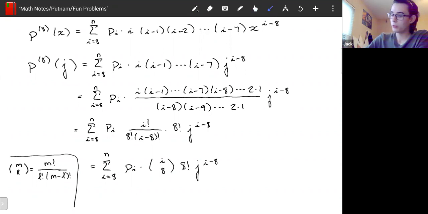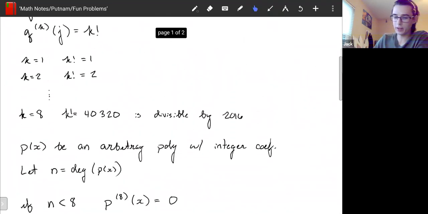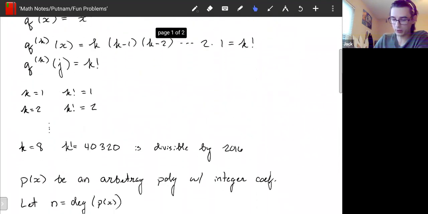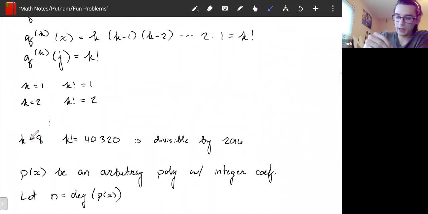And let's make sure we haven't done anything bad so far. This binomial coefficient is always an integer, since i and 8 are integers. So we know our whole coefficient is still an integer. And we have this 8 factorial here. If you recall, back at the beginning of the problem, when k equals 8, 8 factorial is divisible by 2016.